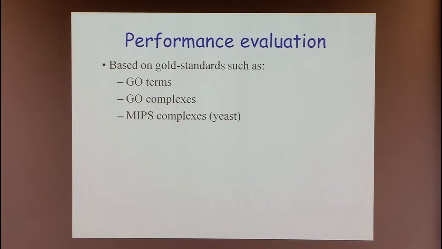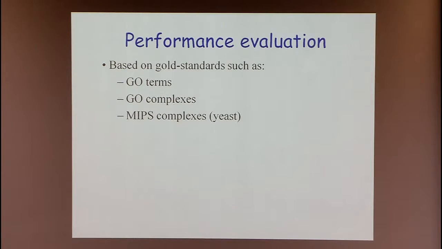In GO, there is also a term called molecular complex, so you could zoom in only on GO complexes, or for different species, there are specialized sets of complexes that were made by curators. For example, for yeast, you will often see in papers that the MIPS complex collection is used.